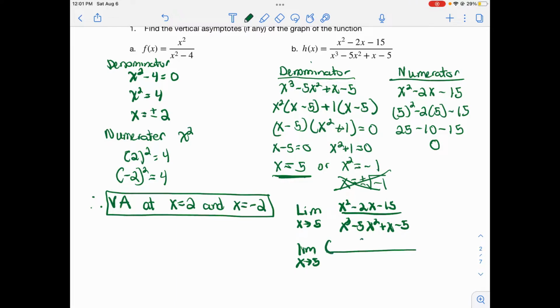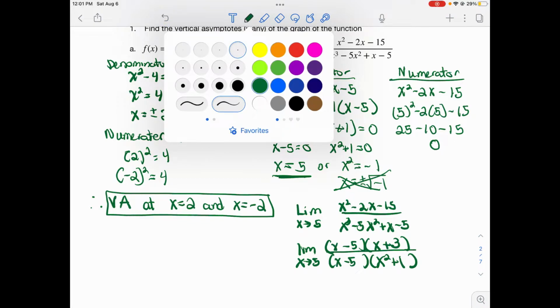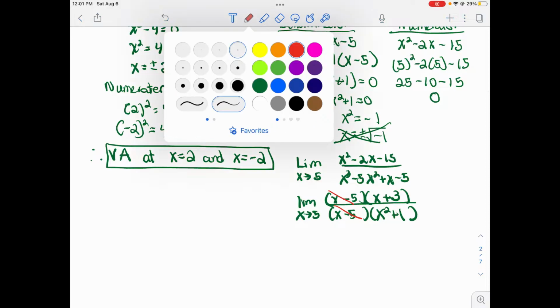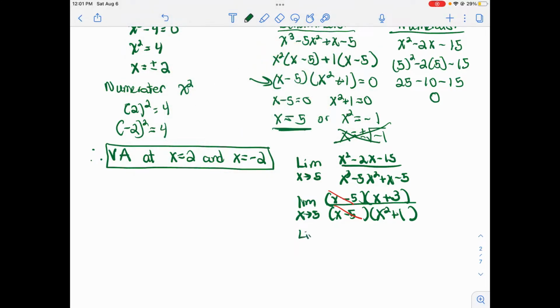So we're going to try factoring the top. That's going to factor into x minus 5 and x plus 3. And the denominator, we already factored up here. So that's x minus 5 times x squared plus 1. And so the x minus 5 term cancels out. So I've removed the term that gives us the 0.